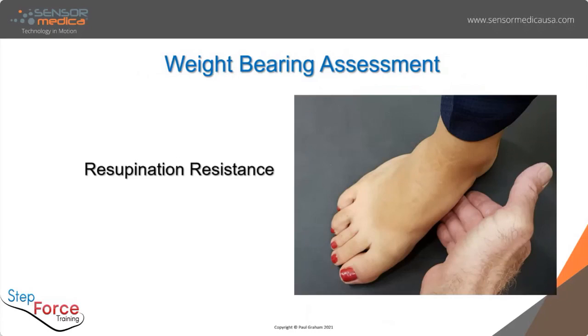In weight bearing, looking at resupination to work out what sort of material we need to resupinate the foot, whether it's a soft material for a lateral subtalar joint axis or a very firm material for a very firm subtalar joint resupination assessment.